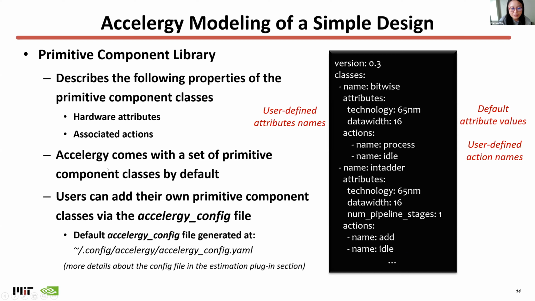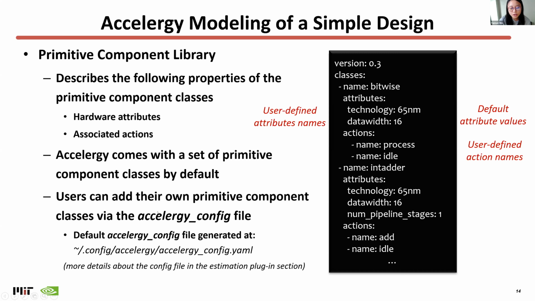As I have said, Accelergy comes with a set of primitive component classes by default, and these are the ones that we experimented with for deep neural network accelerator architecture designs. If you are interested, you can take a look at the default ones, but you could also add your own primitive component classes by modifying the Accelergy config file.